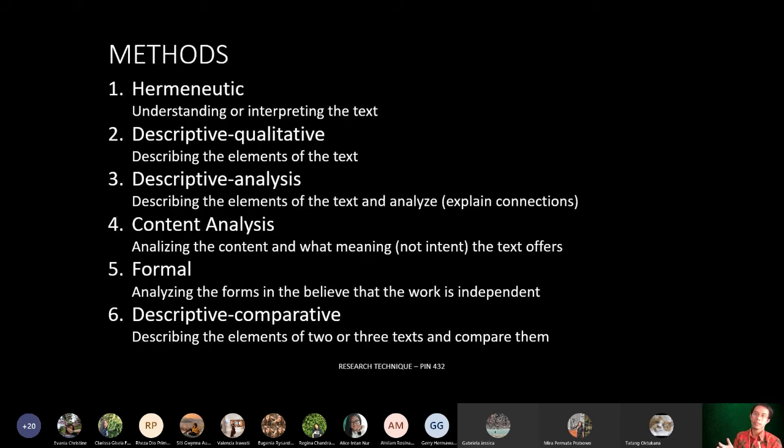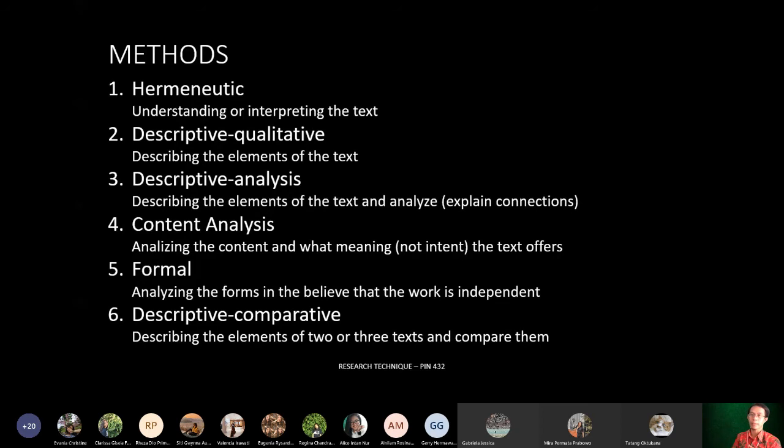The other work can be a literary work. If you study a novel, the other one can be another novel. So you compare the elements of this novel to find, for example, how novel A describes women differently than how novel B does it.